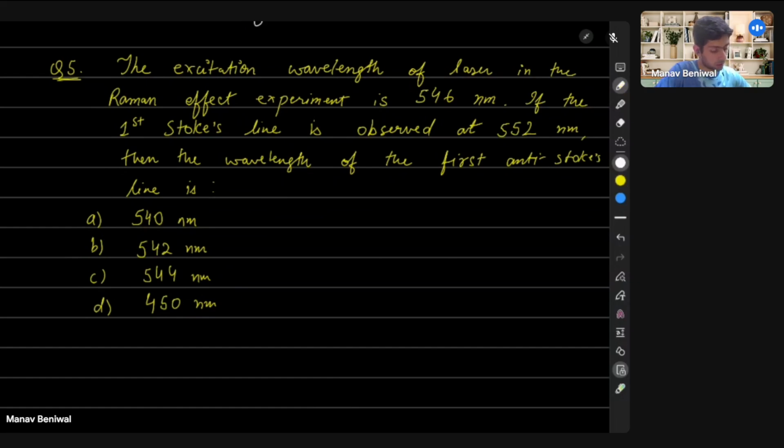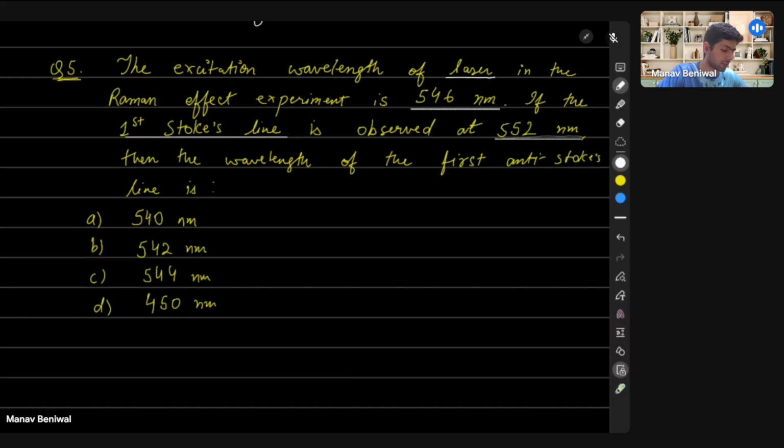So this is our question, and we are using a laser. The wavelength of the laser is 546 nanometers. In case of the Stokes line, we know that the molecule has absorbed some energy, therefore the light emitted will have a longer wavelength, and that is indeed the case.